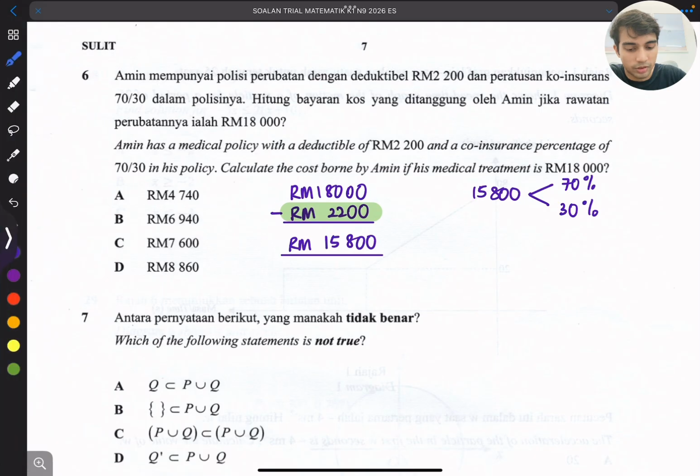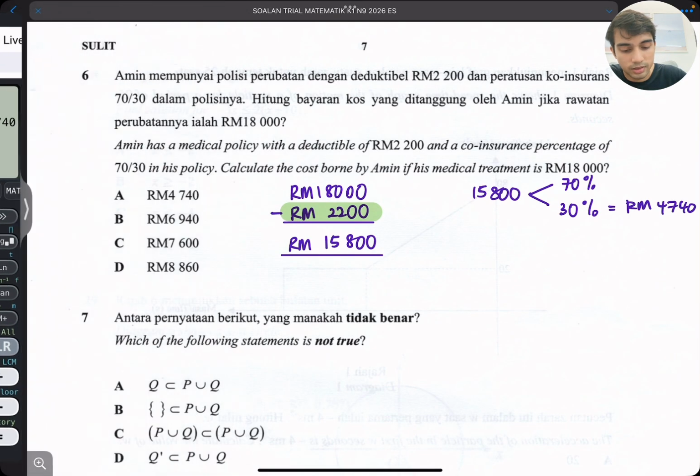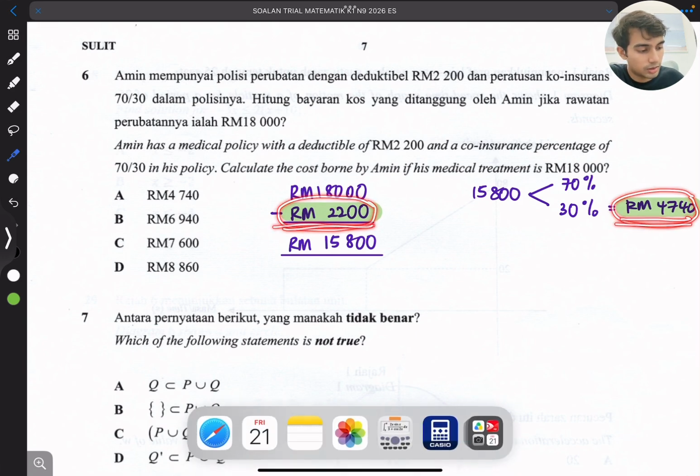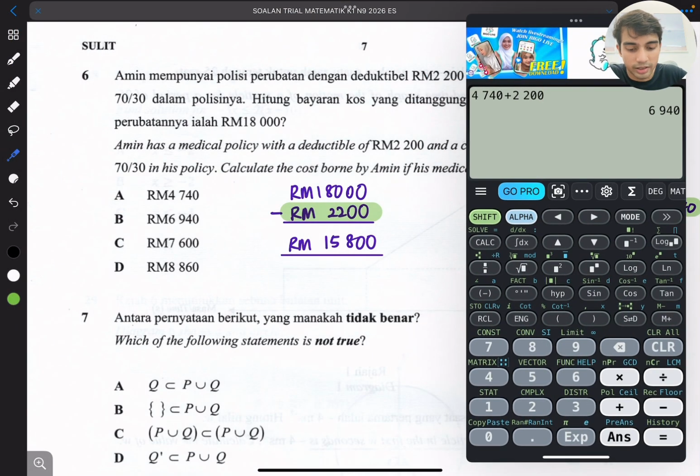So he has to pay 4,740. Okay. But don't forget, he already paid this much earlier. So the total cost he is paying is 4,740 plus 2,200. He's paying 6,940 ringgit.